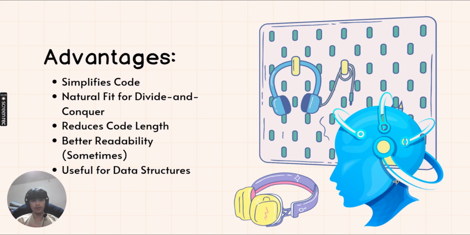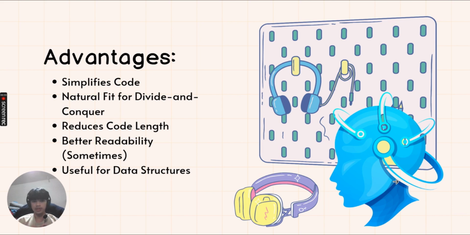On this page, we are going to discuss the advantages and disadvantages of recursion. The first advantage is it simplifies code. It makes the code cleaner and shorter, especially for complex problems like tree traversal. Next is natural fit for divide and conquer, ideal for problems like merge sort, binary search, and so on.